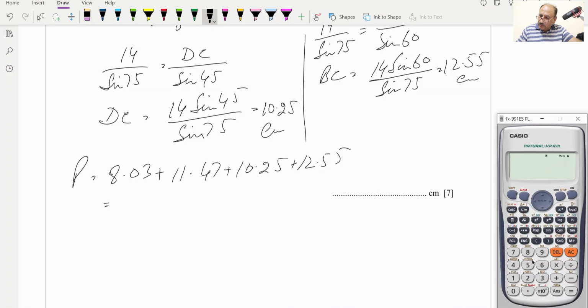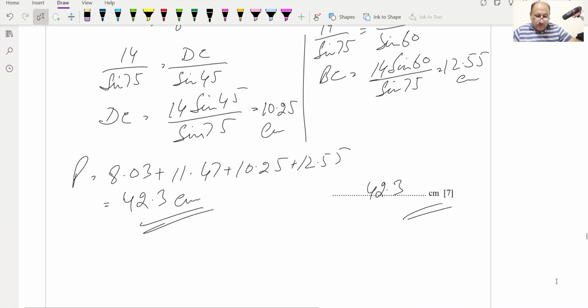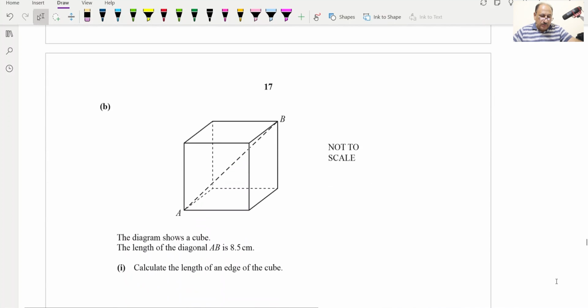We will be adding 8.03 plus 11.47 plus 10.25 plus 12.55, and this will give us the answer as 42.3 centimeters. This will be 42.3 centimeters. This was the 7 mark question which we have done.